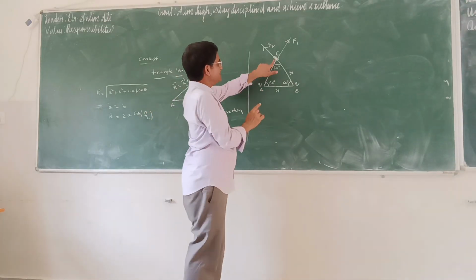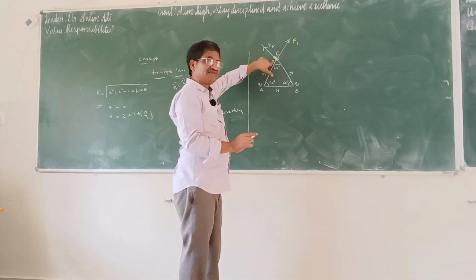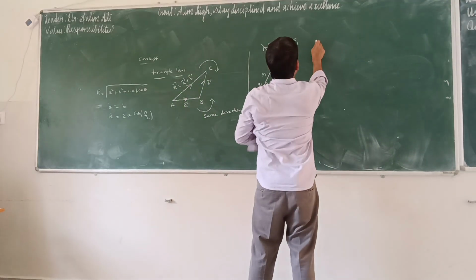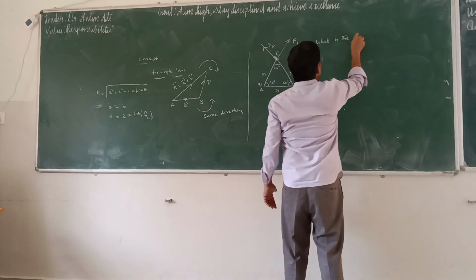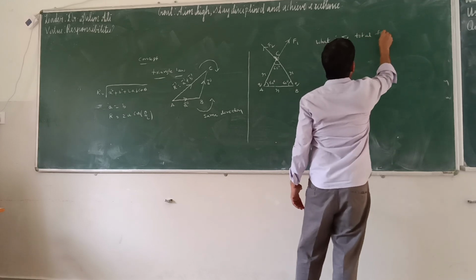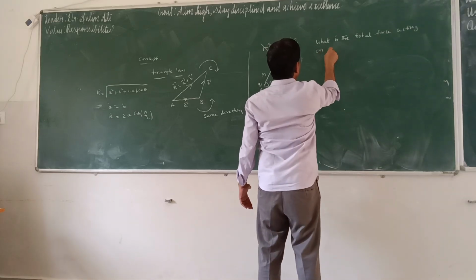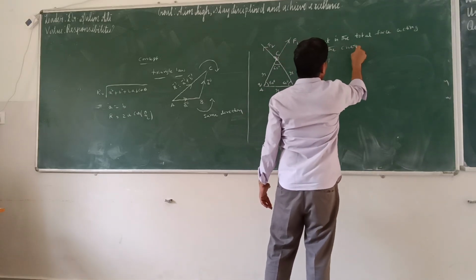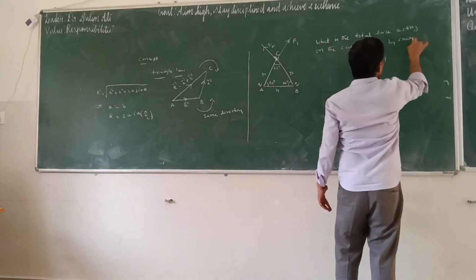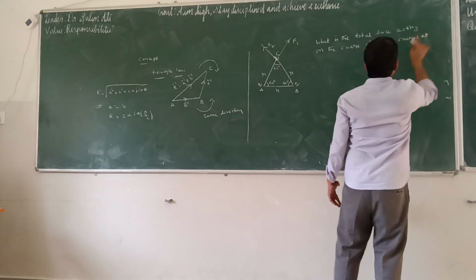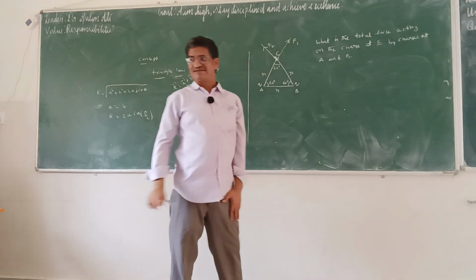So our question is, what is the total force or resultant force acting on the charge at C by charges at A and B respectively? Okay, that is our target.